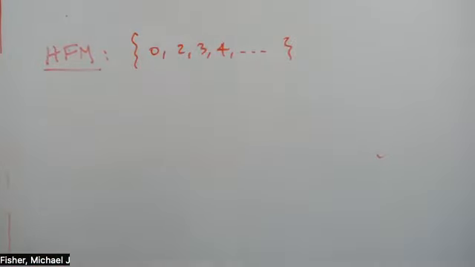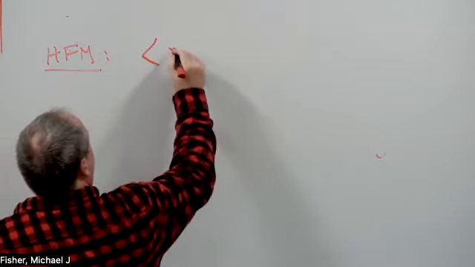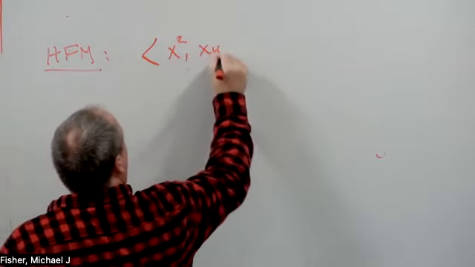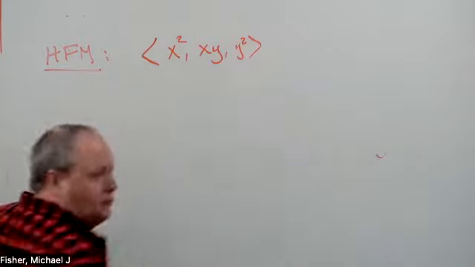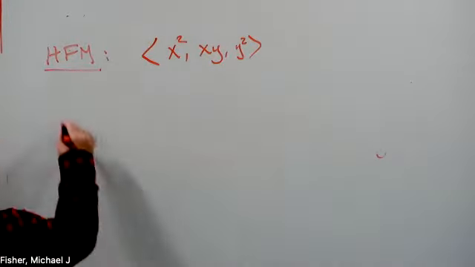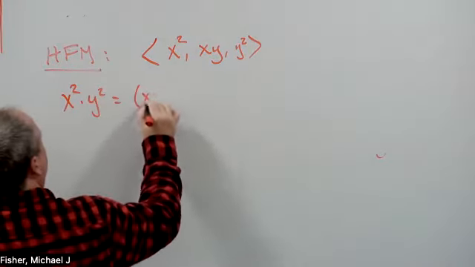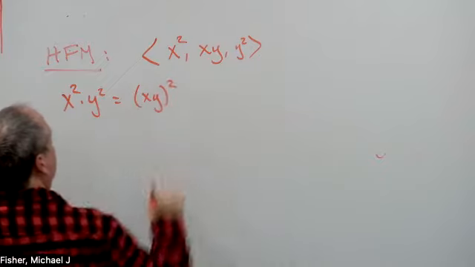Look at the monoid generated by x squared, xy, and y squared. Just those symbols, right? Notice that, for example, x squared times y squared is xy quantity squared.